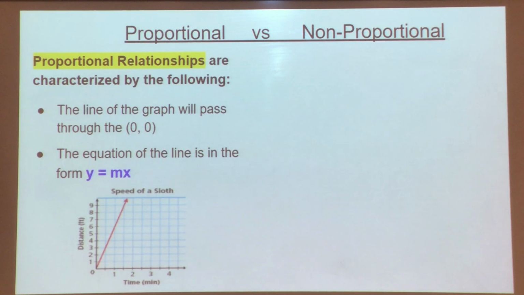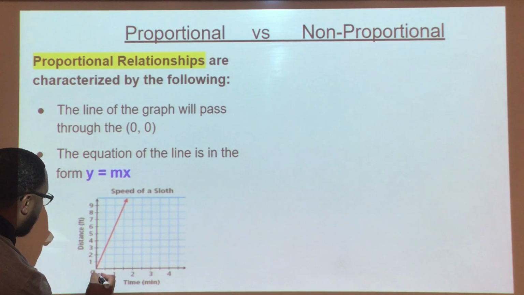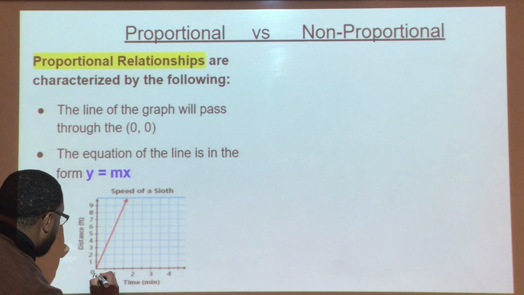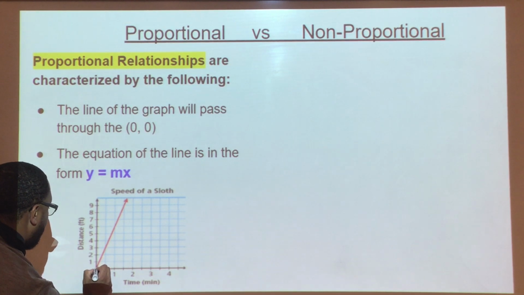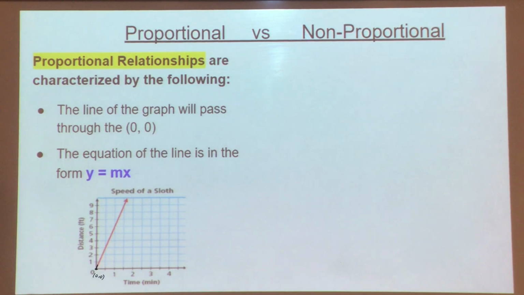So this is what your graph will look like. And you should note that this line passes right here through this critical point, which is (0, 0). That's that point right there, and this line just makes it there where it passes through.